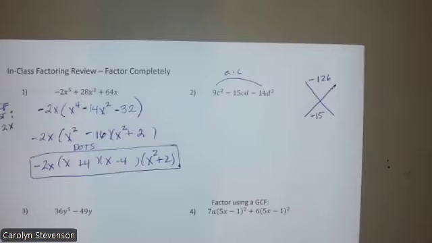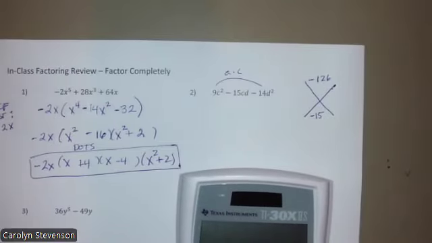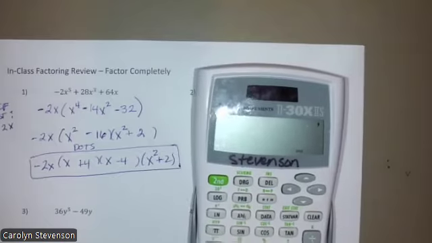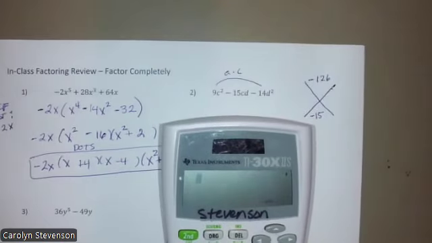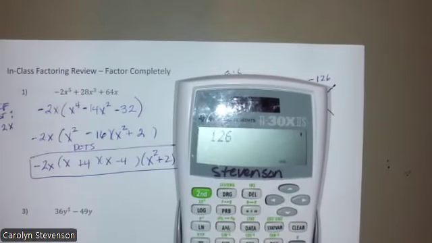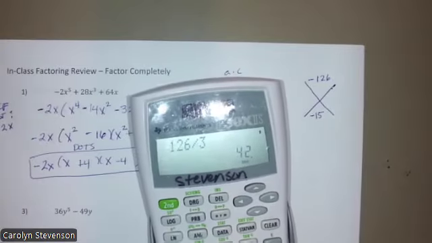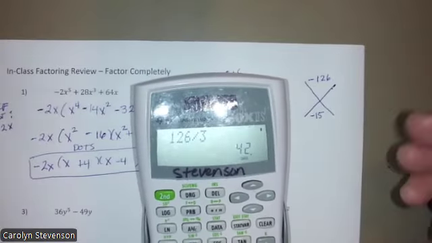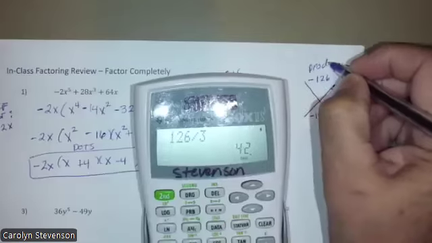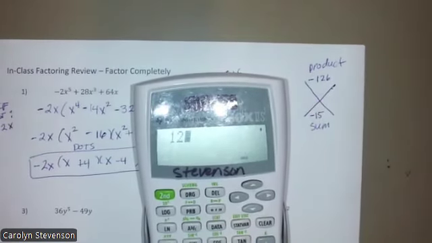So when you get these large numbers like that, just start dividing it by 2, 3, 4, work your way up. 126 divided by 2 is pretty large. We're looking for something that would give 15. So 126 divided by 3. 3 and 42 could not give us a 15. So this is our product that we're trying to get. And this is the sum we're trying to get. So 126 divided by 4.